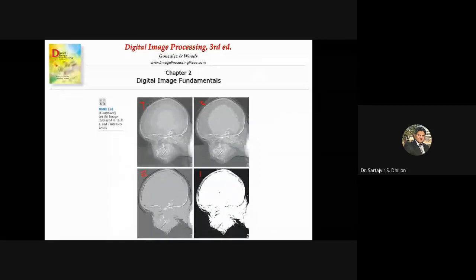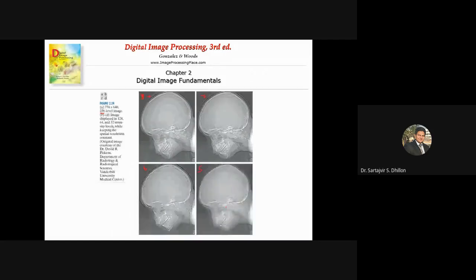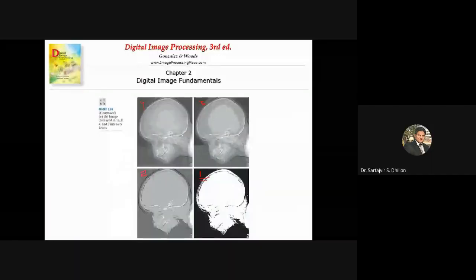So it is very hard to recognize the parts of the skeleton, or some different features, from this image. We can easily recognize from the 8-bit image, but it is very difficult to recognize from the 1-bit, 2-bit, and 3-bit image.